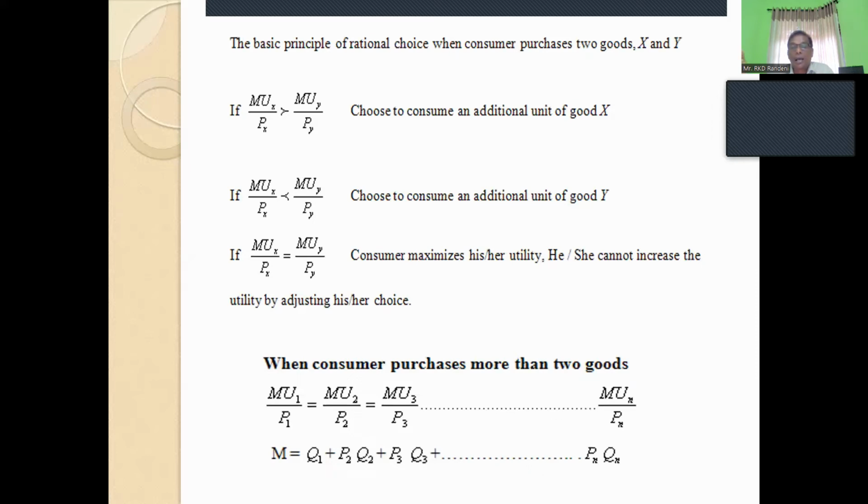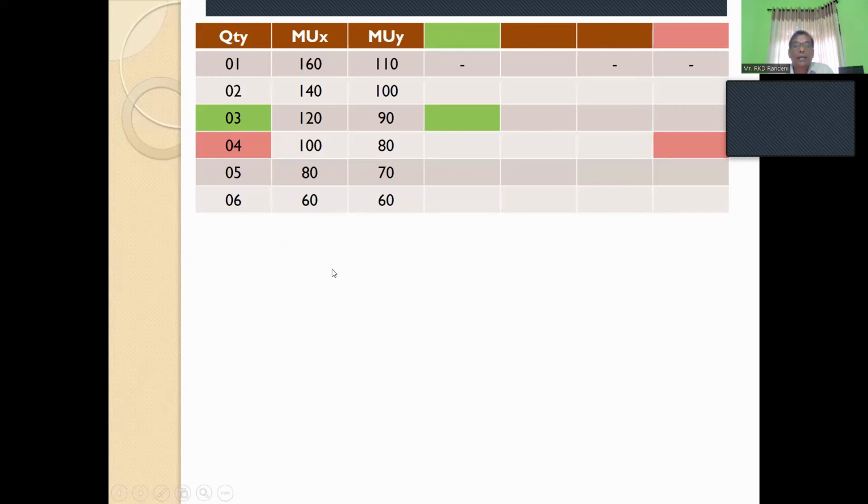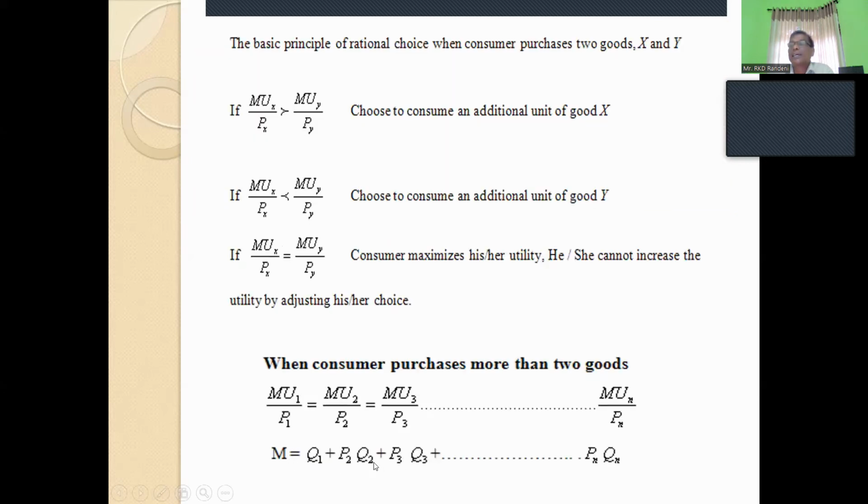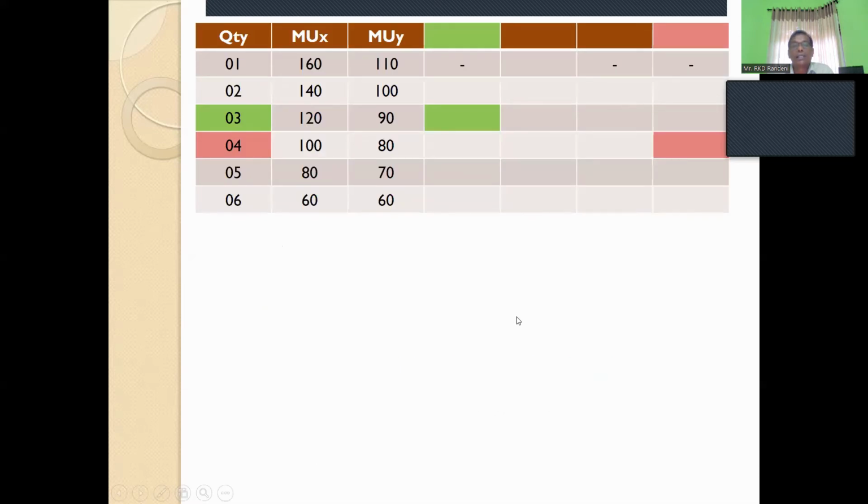Assume that we are going to purchase two commodities X and Y. The first condition: MUX divided by price of X equal to MUY divided by price of Y. The other condition is the budget. I will explain using the board, then you can realize well.